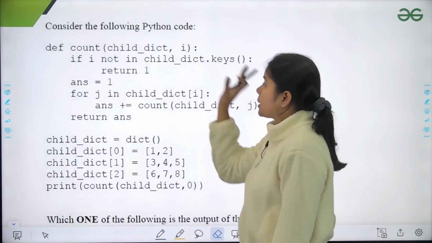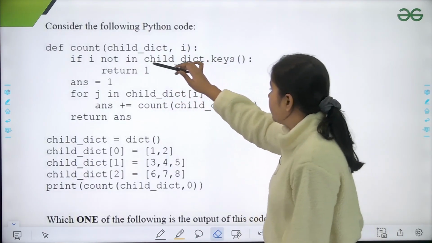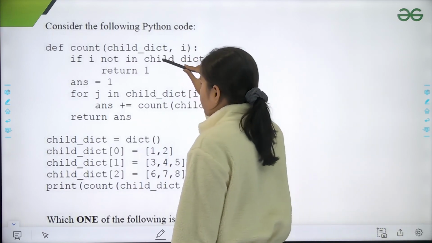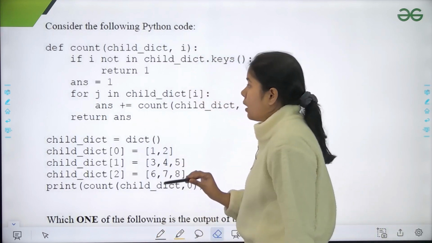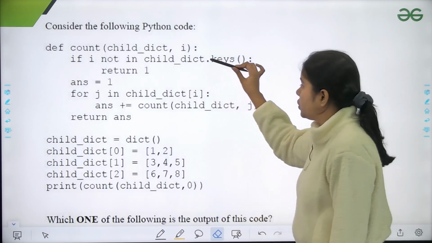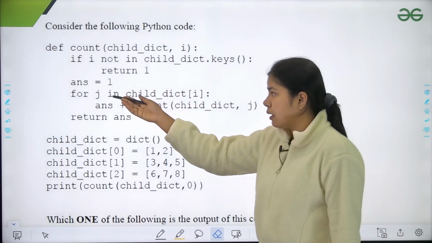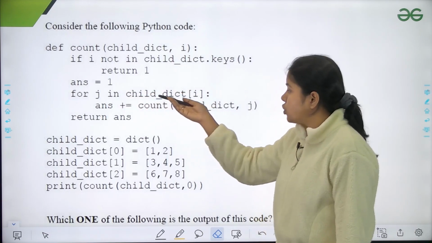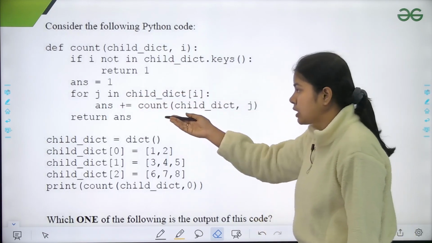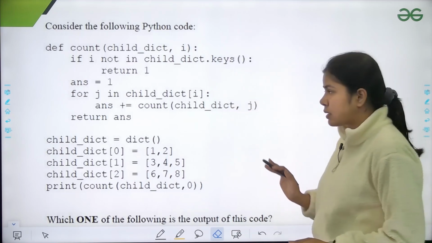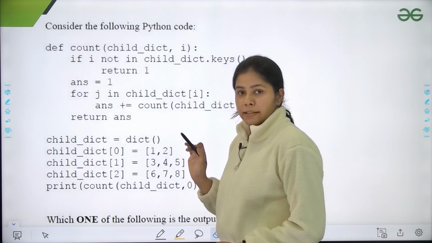So we have been given this Python code with a function definition count, which takes two values, one dictionary and one value i. If i is not in child dict dot keys, it returns answer equals 1. For j in child dict i, answer equals answer plus count of child dict comma j. That means I have to run this function again, and return answer, right?